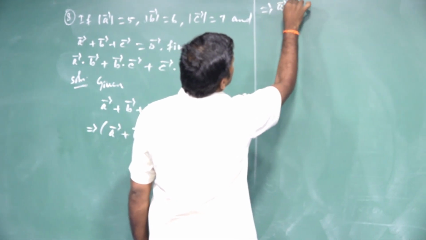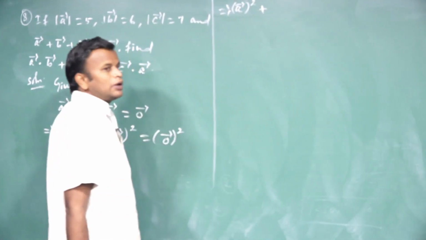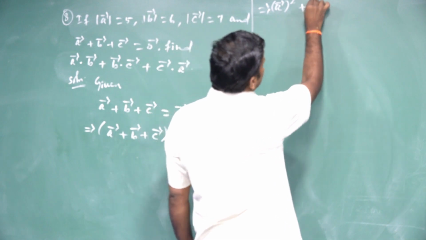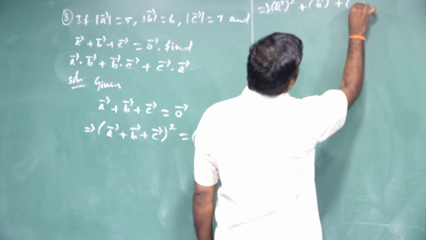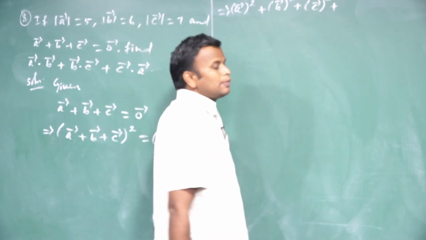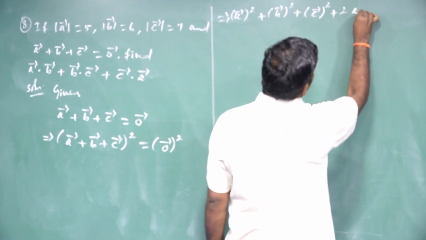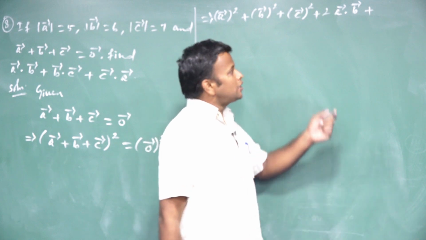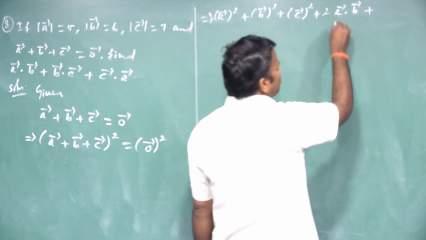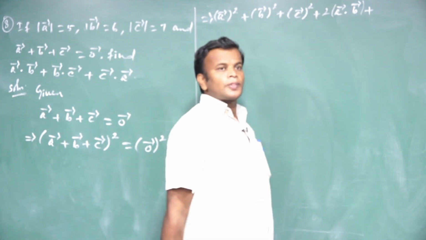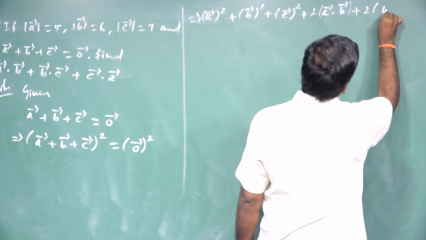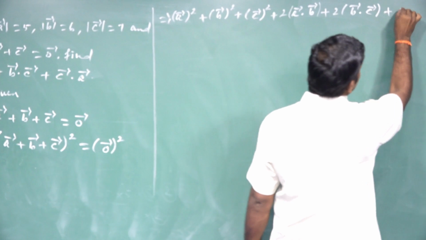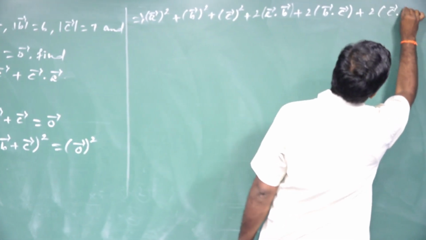Instead of 2AB, here it is 2 into A vector dot B vector. Next step, 2 B vector dot C vector plus, next step, 2 into C vector dot A vector.